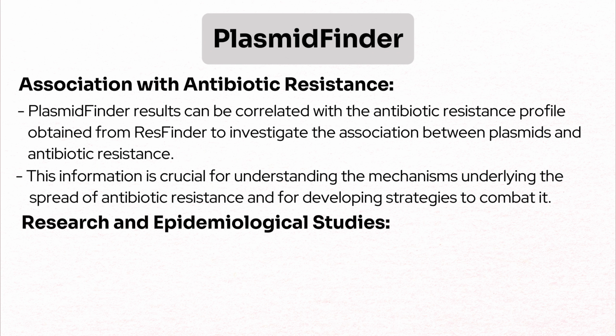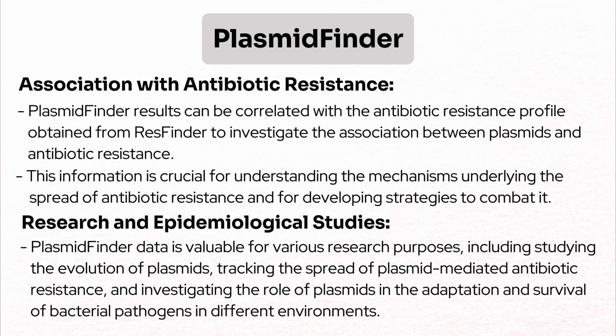Research and epidemiological studies. Plasmid Finder data is valuable for various research purposes, including studying the evolution of plasmids, tracking the spread of plasmid-mediated antibiotic resistance, and investigating the role of plasmids in the adaptation and survival of bacterial pathogens in different environments.